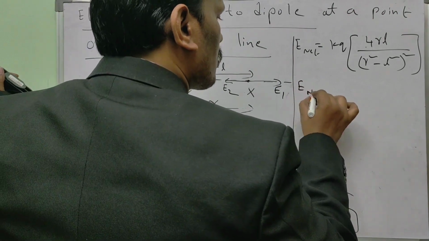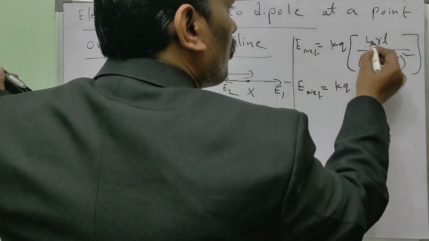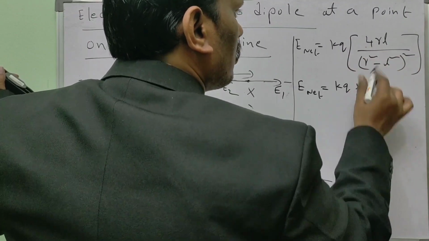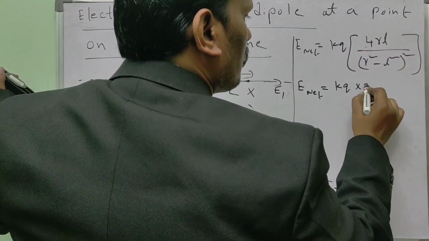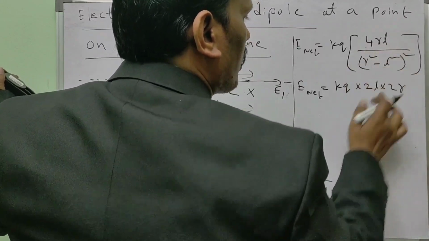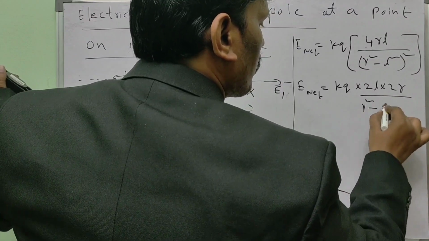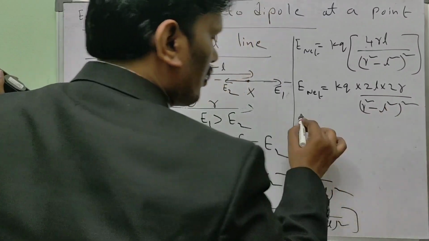Then E net is equal to K times Q. 4RL I am going to write as 2R into 2L, or 2L into 2R, just split in this manner, upon (R square minus L square) whole square.